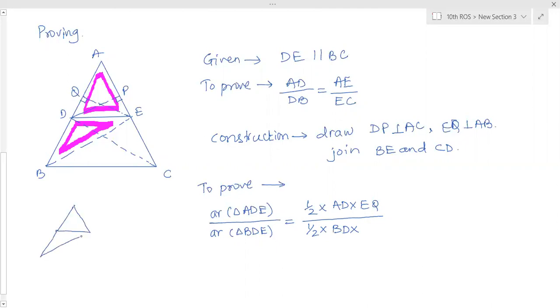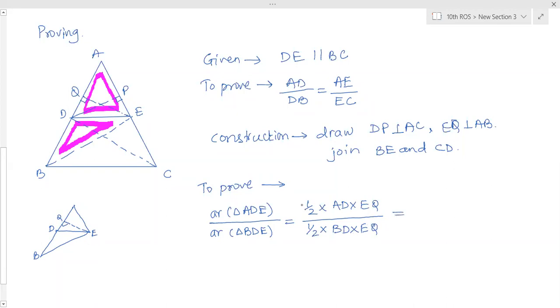QE. So this is the triangle, with points E, D and B. For this, the height would be DE, but here we cannot draw the height inside, so we have to draw the height outside. This is already drawn, that is EQ. Is that clear? Yes, ma'am.